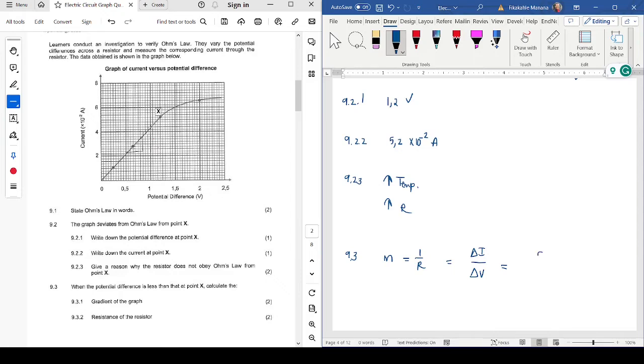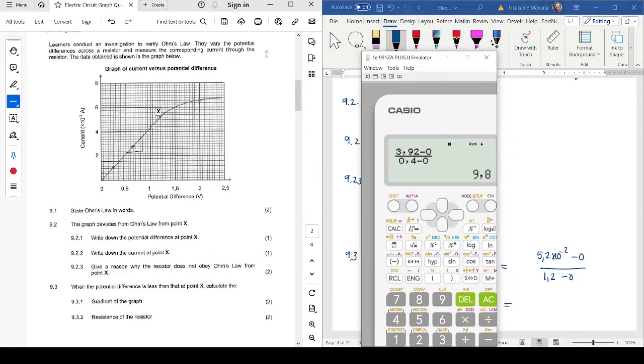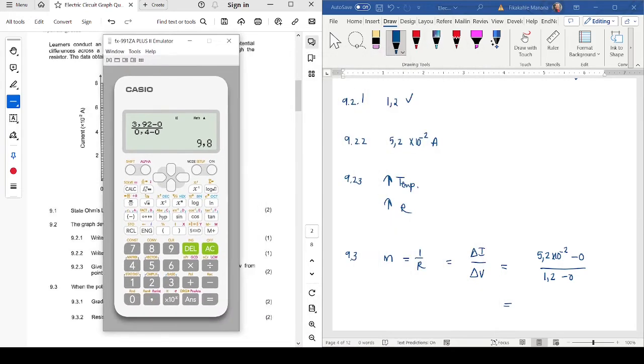We can then say 5,2 times 10 to the power negative 2, and we subtract 0, which makes life way easy for us instead of trying to look for another point. And we know that the potential difference at that point is 1,2 minus 0. And if we work that one out, it's going to be 5,2 times 10 to the negative 2 divided by 1,2.